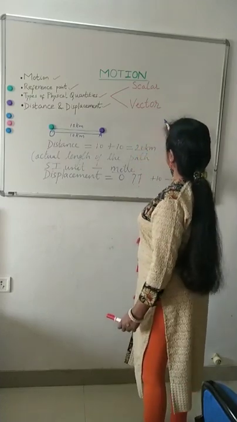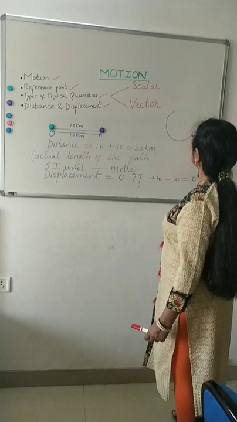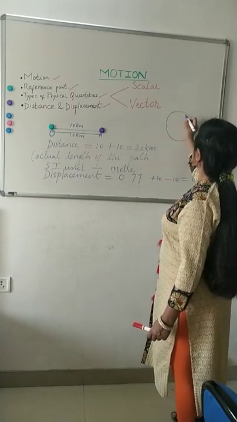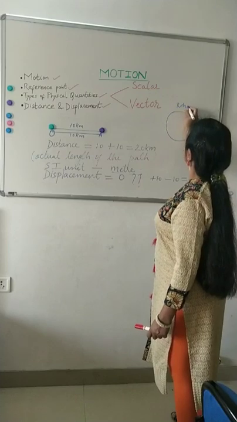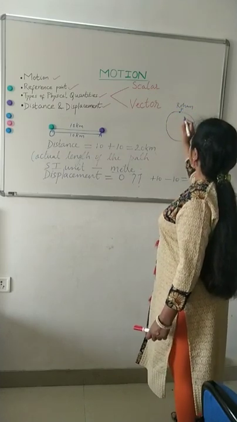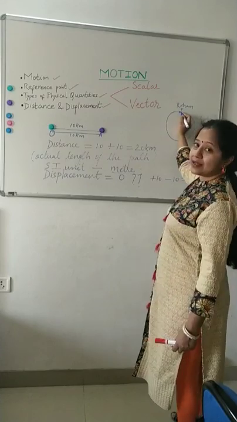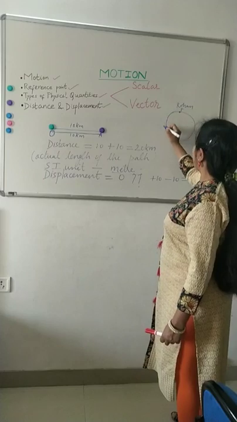Now let us take an example of a circular path. Rohan starts from point P and he starts moving around a circular path.